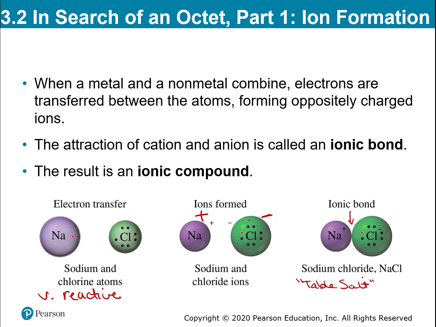NaCl. So it makes something that's very stable. Transferring these electrons creates a really stable compound. In fact, in order to melt sodium chloride, you have to heat it to just over 2,000 degrees, about 2,300 degrees to get it to melt. That's how stable it is as a crystal, as a solid.